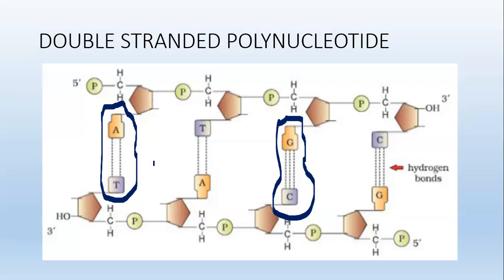So at the time of replication, we are going to study about it, if the code for one strand is given, you can easily decide the code for the other strand if you remember this. If you remember that A always pairs with T and G always pairs with C, then if you know the code of one strand, you can easily find the code of the other strand. So please remember this one. This is very important, and also remember the base pairing between them. This is also very important.